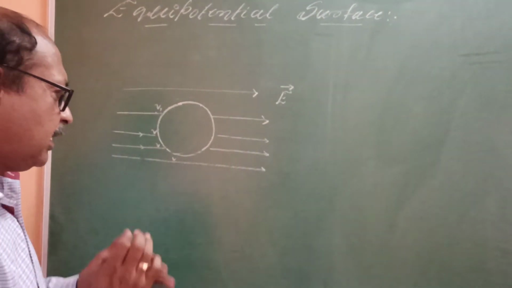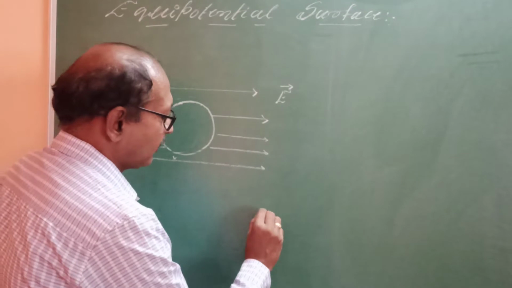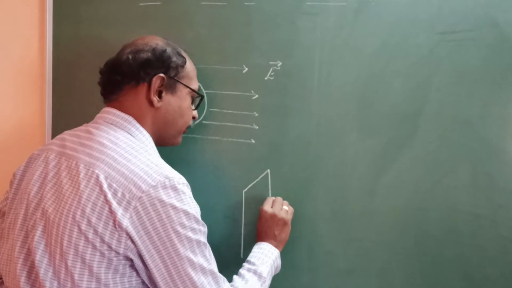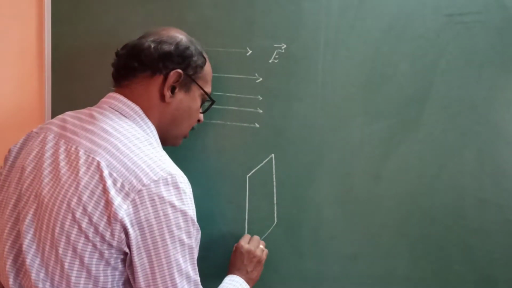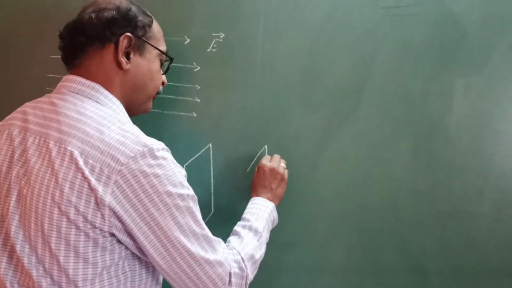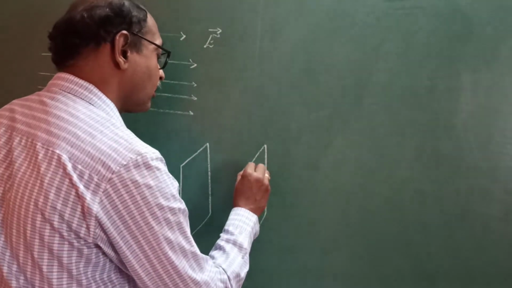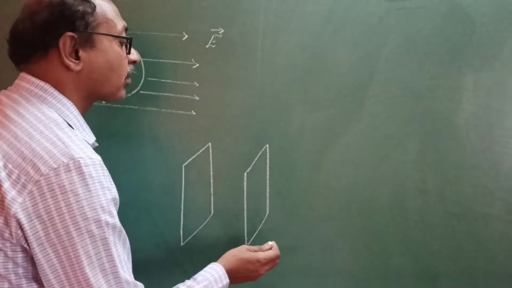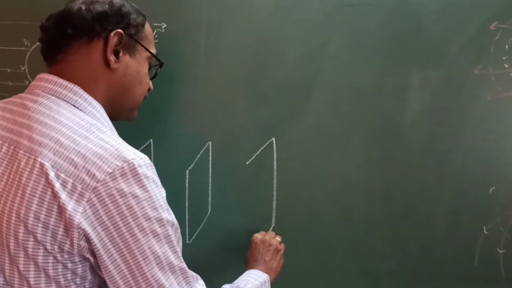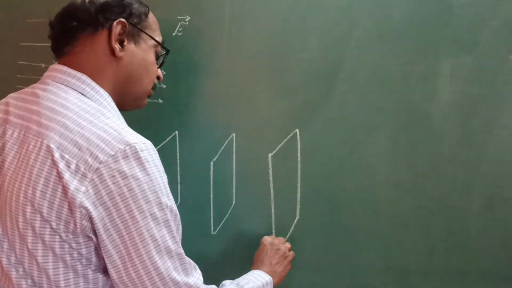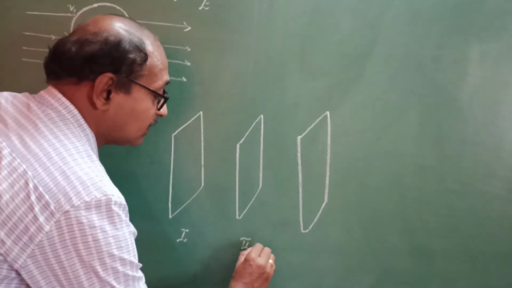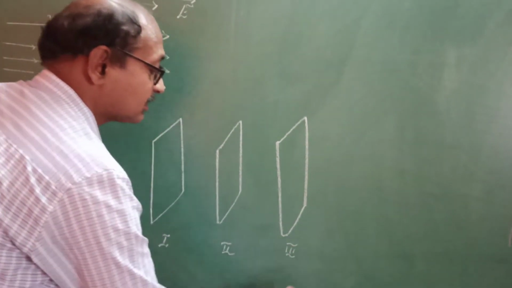And let us consider one surface. So here we have a surface like this, and here is another surface, and the plate surface like this. This is the first surface, this is called the second surface, and this one is the third surface.